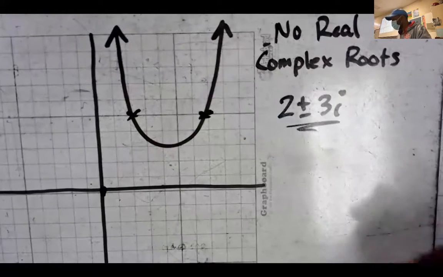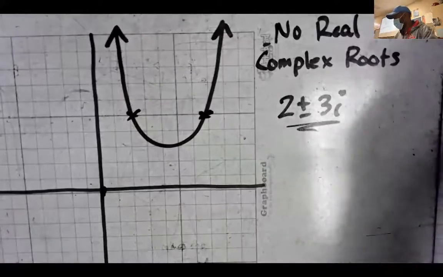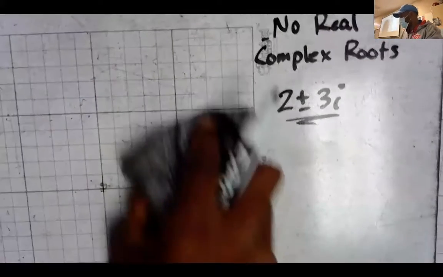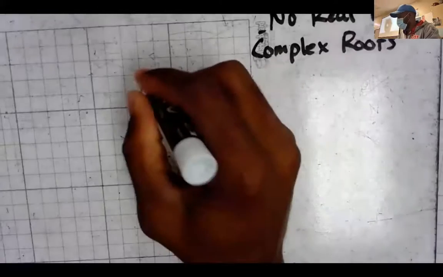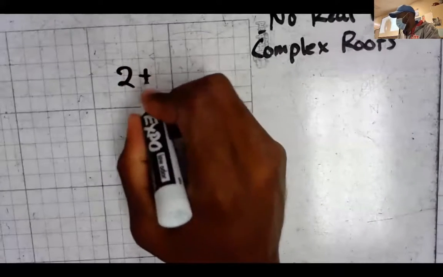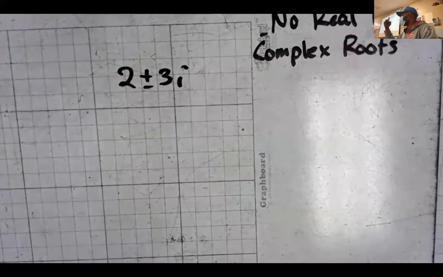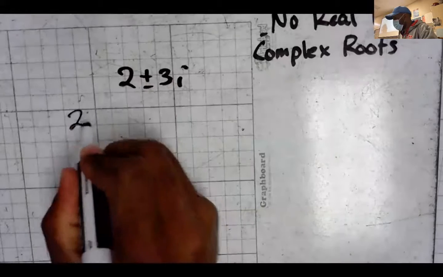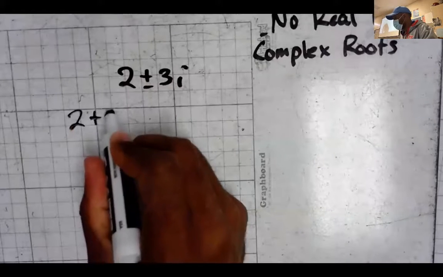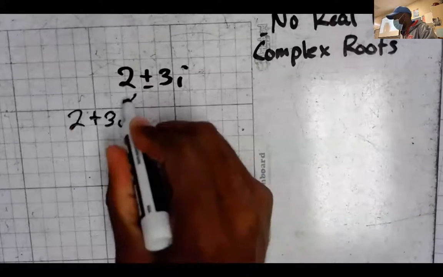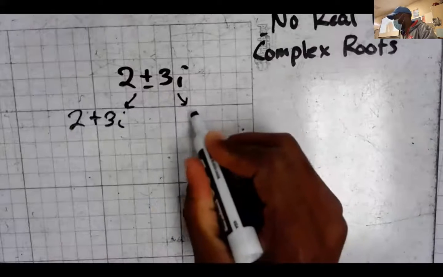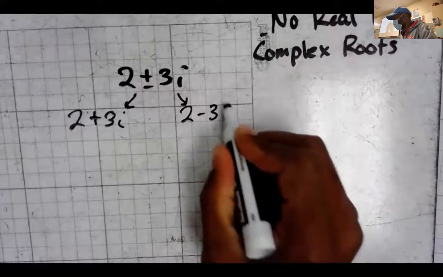So let's just start over here. Let's say that the roots that you have are this. Well, first of all, that's not just one root, that's 2. The first one is 2 plus 3i, and 2 minus 3i.